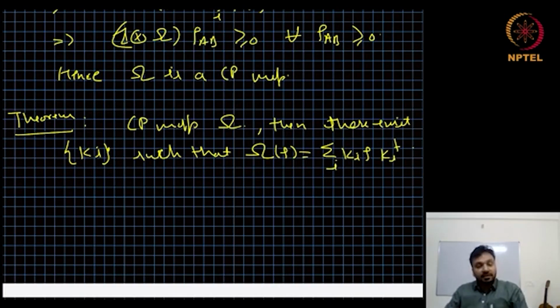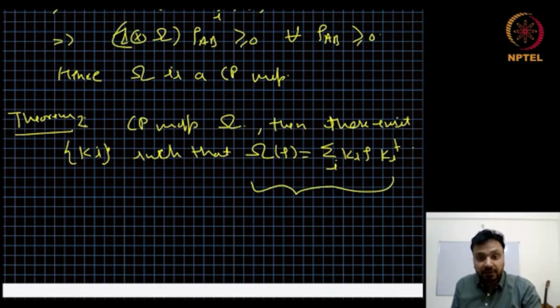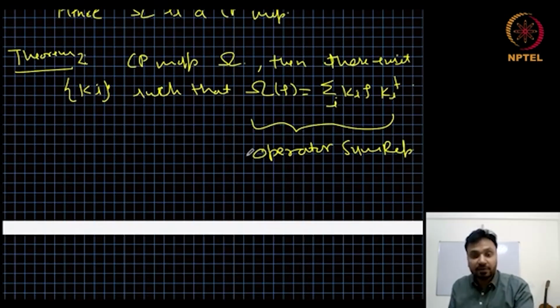So the second theorem says that for every completely positive map, the representation sum over i K_i rho K_i dagger exists. It means we can always find a set of operators K_i such that omega of rho can be written as sum over i K_i rho K_i dagger. This is called the operator sum representation, or Kraus operator representation.